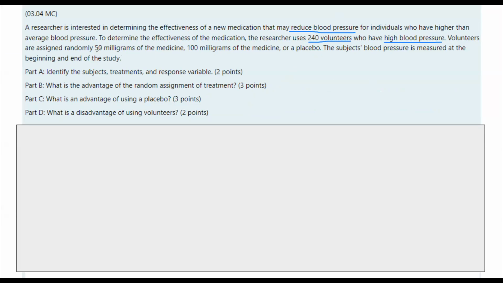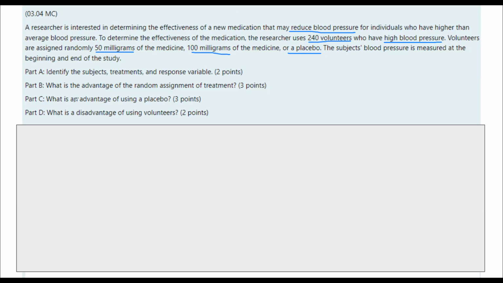Volunteers are assigned 50 milligrams of medicine, 100 milligrams, or a placebo. A placebo is something that is supposed to look and be like the treatment, but it's fake and it doesn't do anything. The reason they do it is because they want to see: is the effect really because of the medicine, or is it because the person thinks they're getting medicine? That's the point of a placebo. It's not always just medicine, but in this case it is.